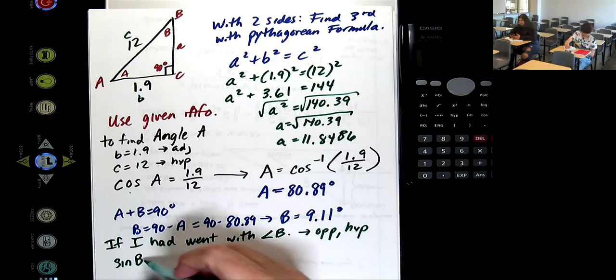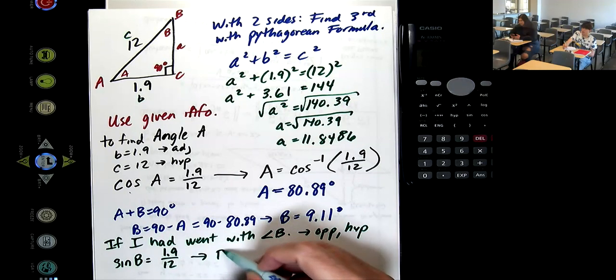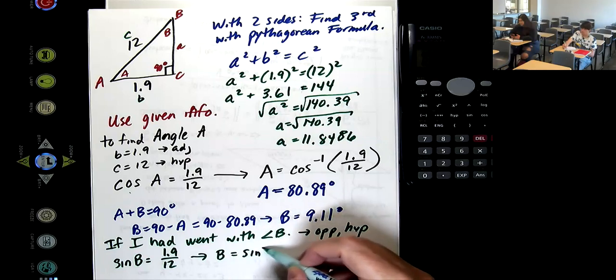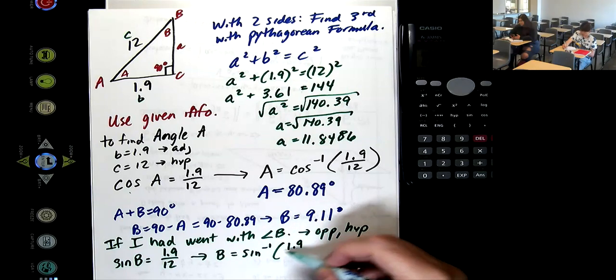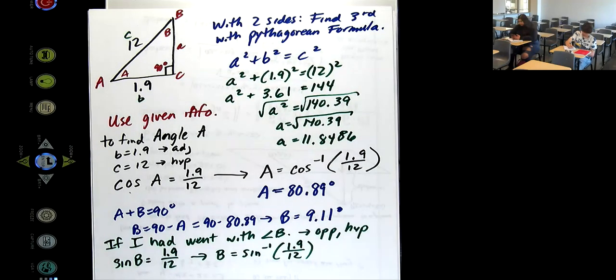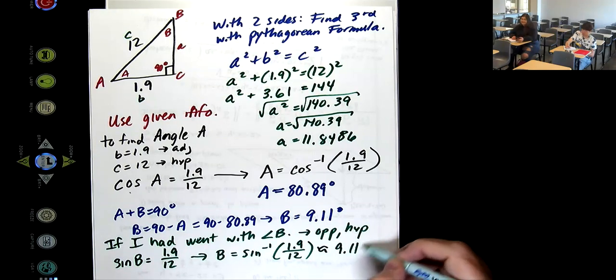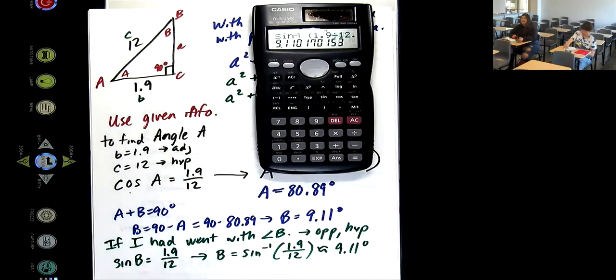Sine of B equaled 1.9 over 12. So B equals sine inverse of 1.9 over 12. I just got it. 9.11 degrees. I got it.